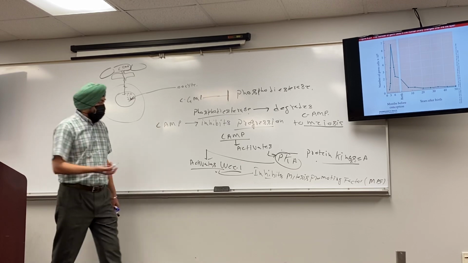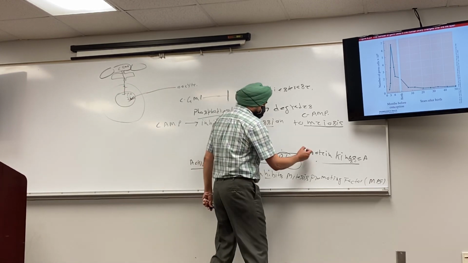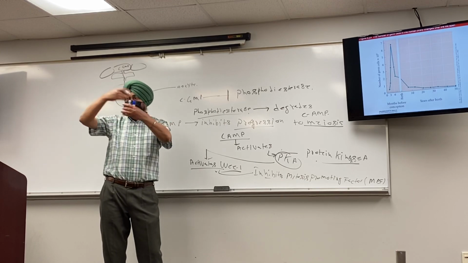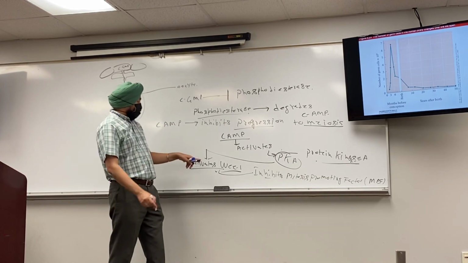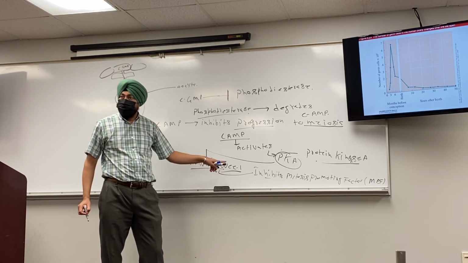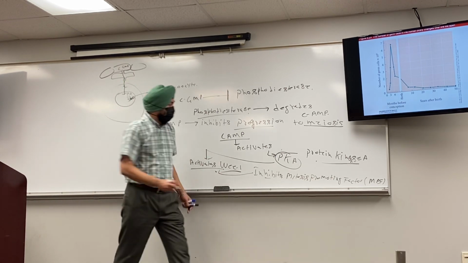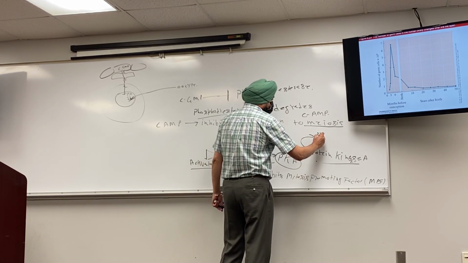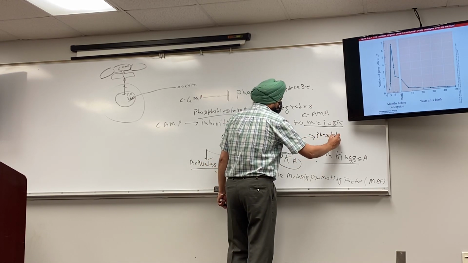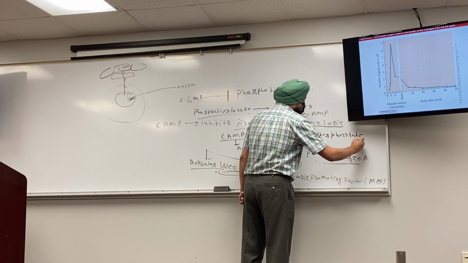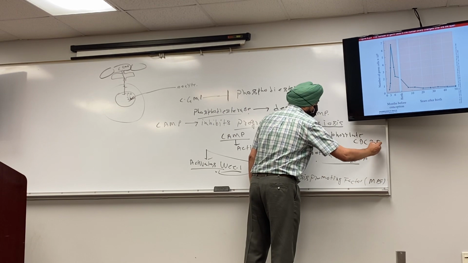Then, because PKA is a kinase, what is the purpose of a kinase? Kinase phosphorylates the substrate. So phosphorylation of V1 activates it. The second thing it does is phosphorylate CDC25.